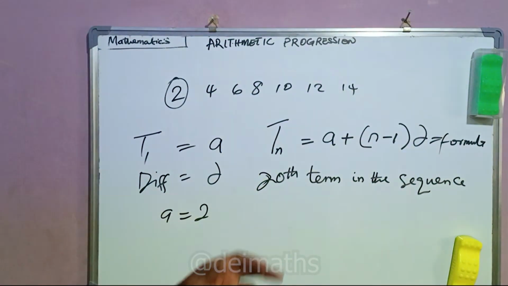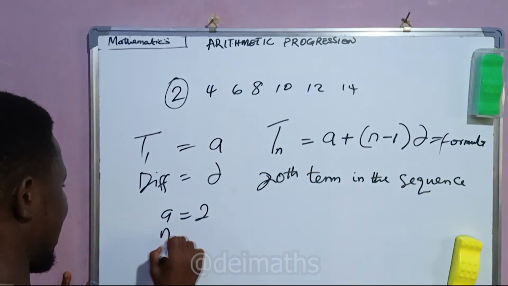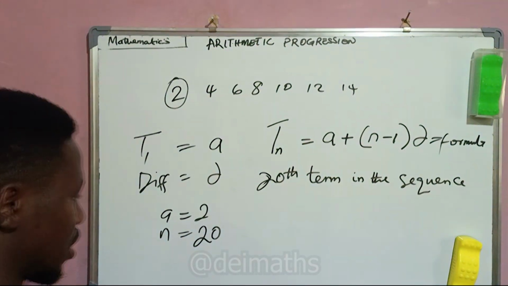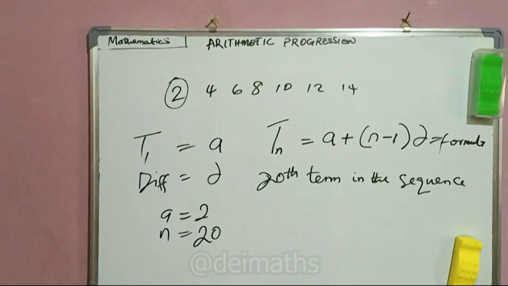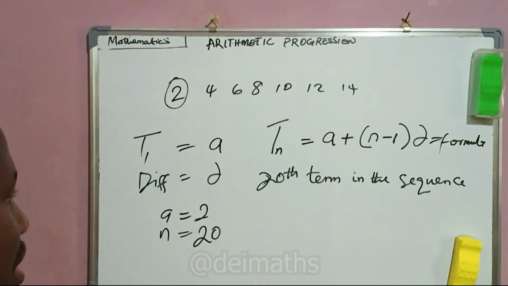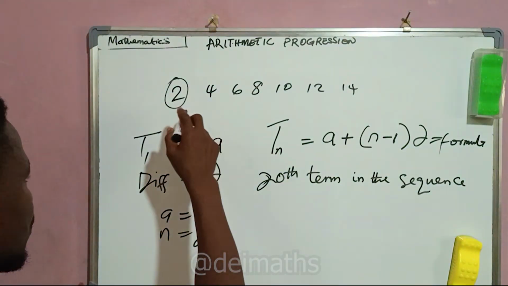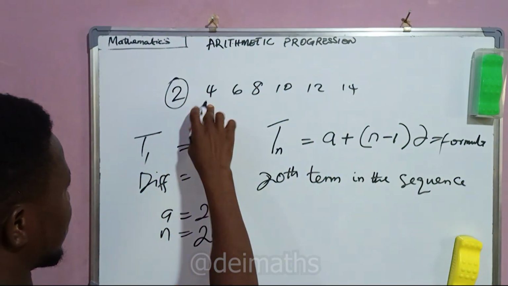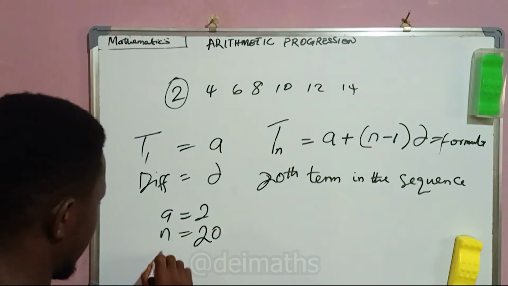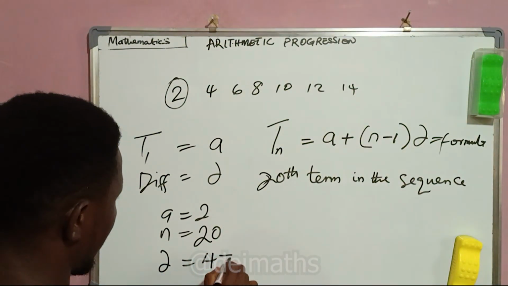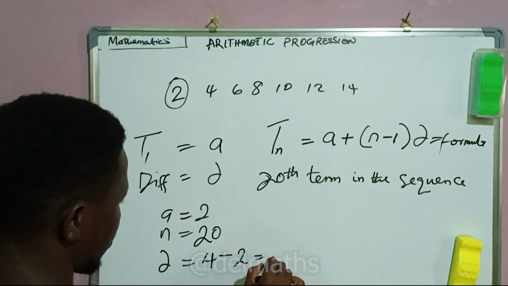That means we already have our n: n is equal to 20. Now, what again do we need? We need the difference. How do we get the difference here? We use the first term, subtract it from the second term, so the difference is equal to 4 minus 2, which is equal to 2.